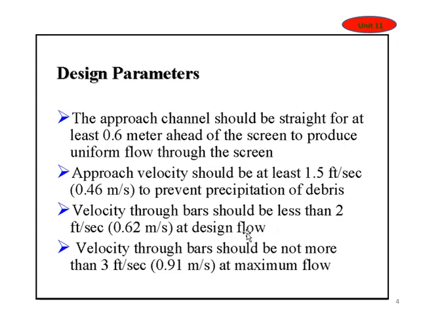This is the design flow criteria. And velocity through the bar should not be more than 3 feet per second, right? It should be between these two values. It should not be less than 2 feet per second, and it should not be more than 3 feet per second. These are the design criteria. When we design the spacing and the diameter of the bars, we decide that based on these values.